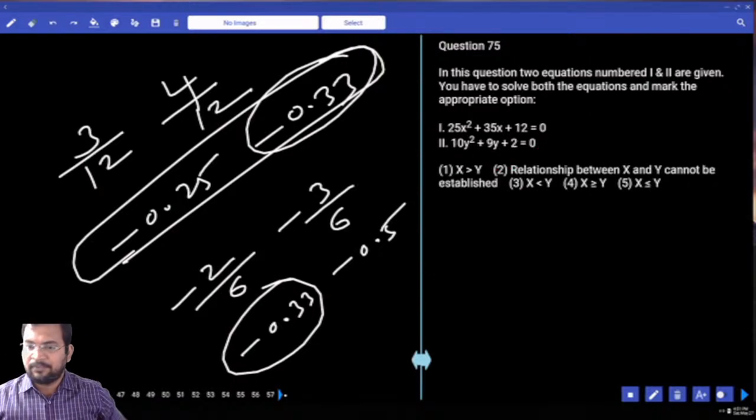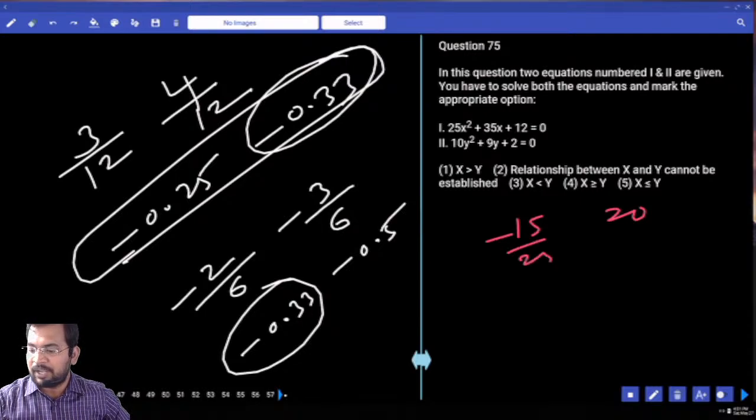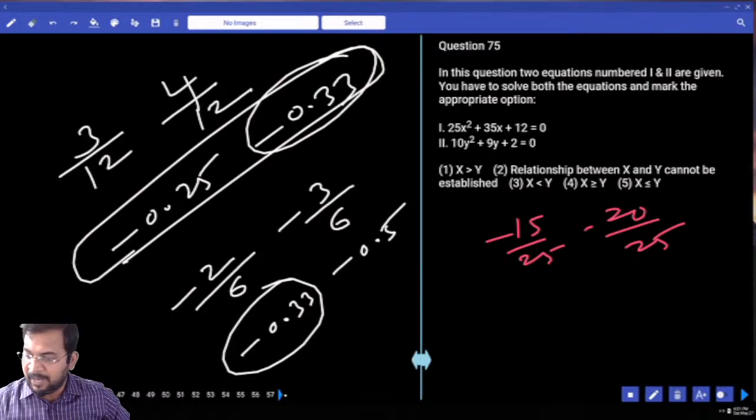Question number 75. 25 12s are 300. What can 300 be? 15. Then 20 minus 15/25 and minus 20/25, that is minus 3/5, minus 0.6 and minus 4/5, minus 4.8.